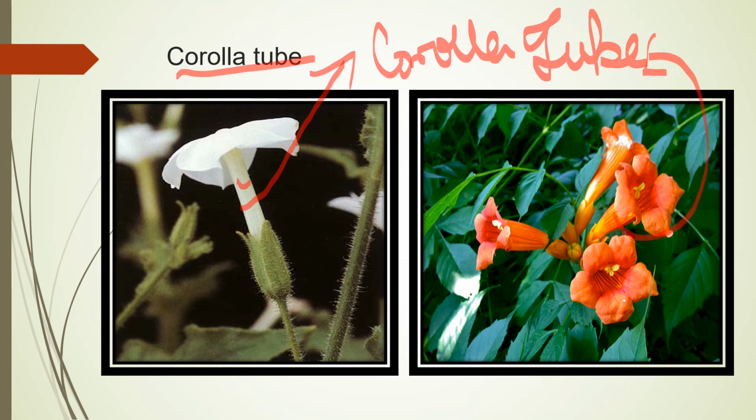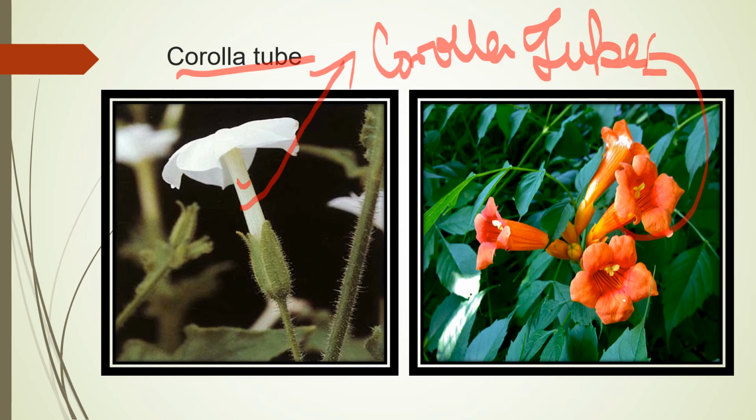I have given just two examples. You can have many other examples also. So this is what I wanted to show about the structure of corolla, and it varies from plant to plant, flower to flower and species to species.